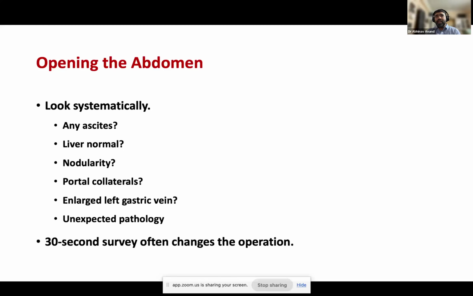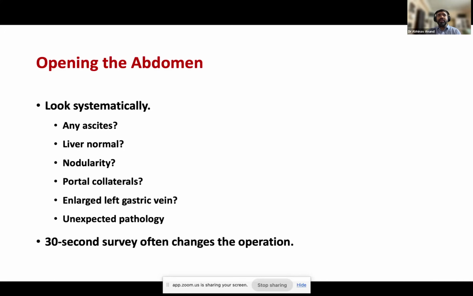Apart from this, for planning the surgery, we also want to see the hilum of the liver area, the portal cavernoma cholangiopathy, its extent, whether there is IHBRD or not, whether there are stones or not, the strictures and their extent. All that has to be considered before planning a shunt.